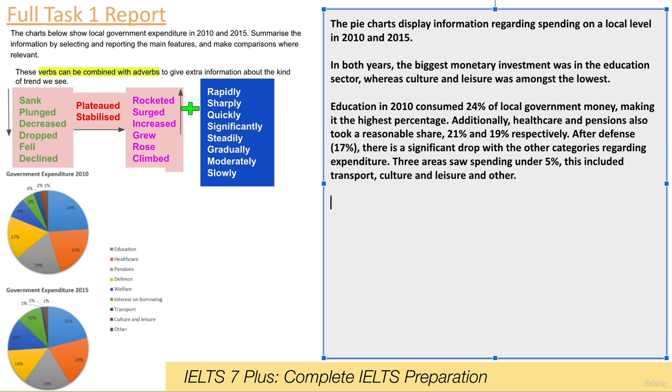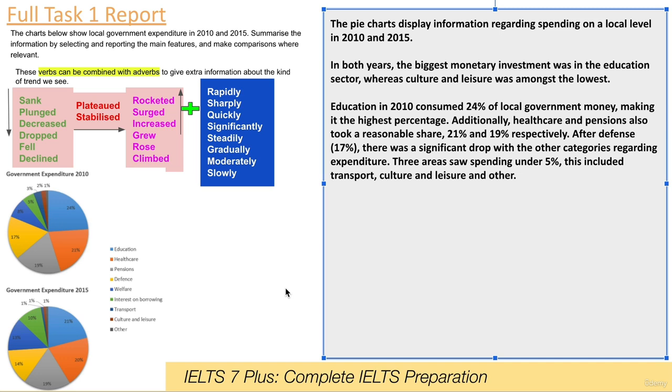Education in 2010 consumed 24% of local government money, making it the highest percentage. Additionally, healthcare and pensions also took a reasonable share, 21% and 19% respectively. After defence, 17%, there is, or maybe we can change that, keeping in mind the tense of this, obviously 2010, past tense.